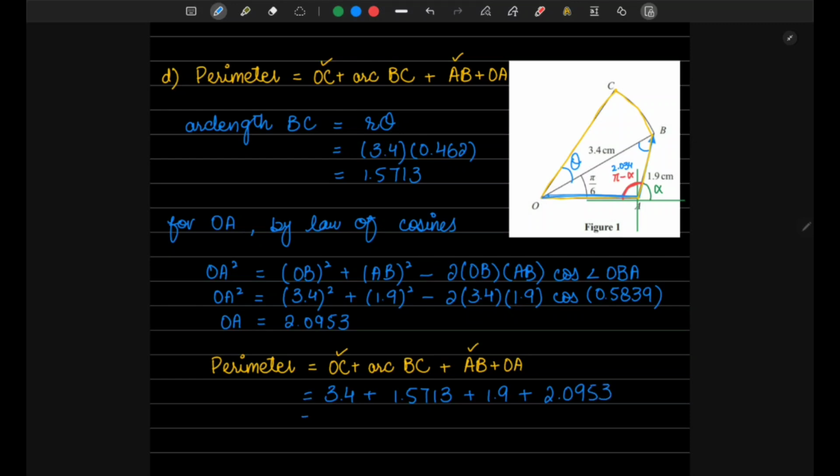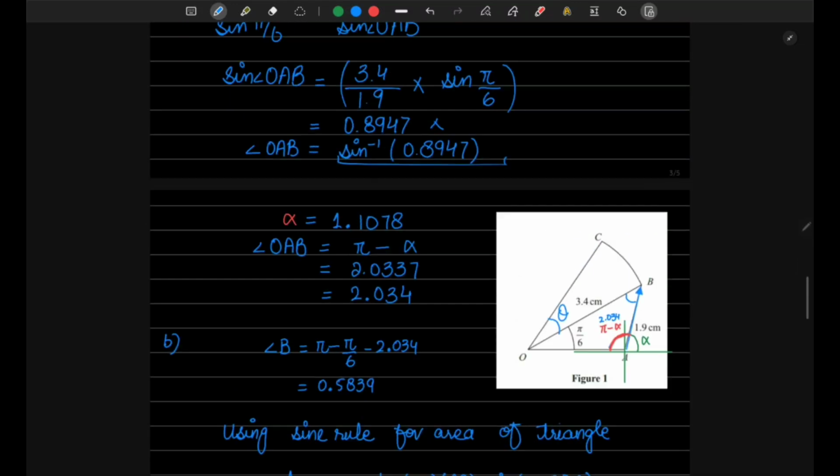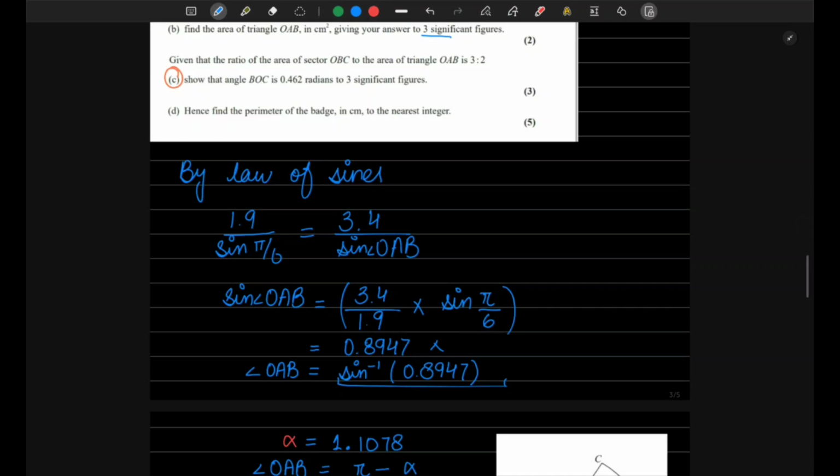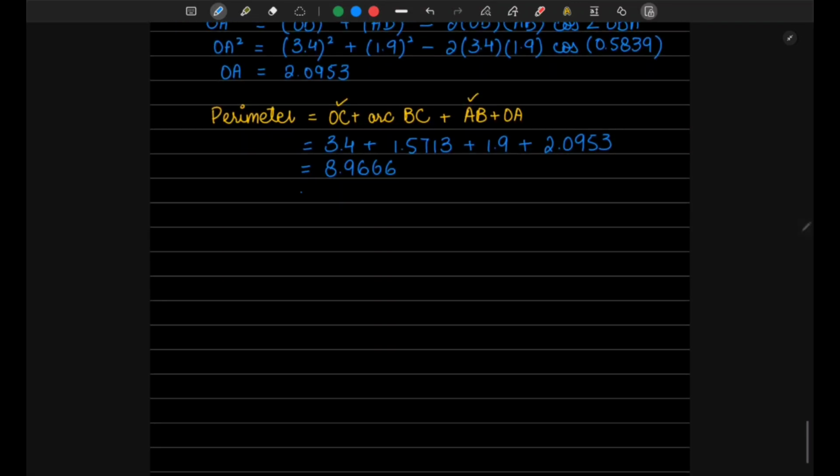So perimeter will give you, after adding, 8.9666. Have they mentioned up to how many significant figures? To the nearest integer. That's very simple, so we'll just round it off to the nearest integer, 9.